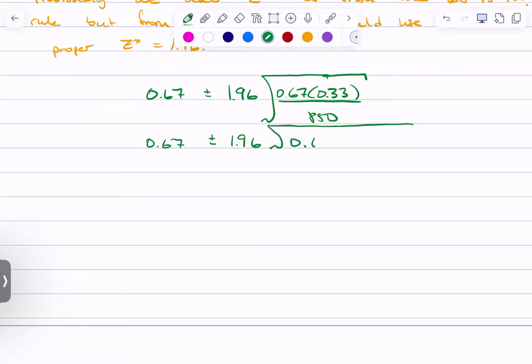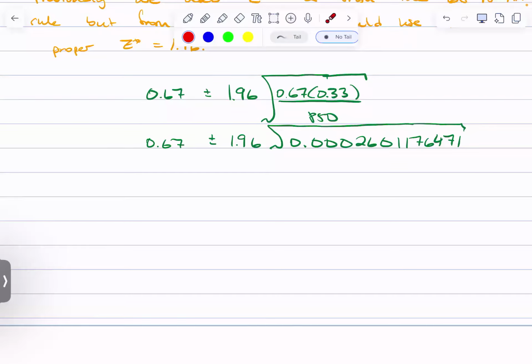So you should get 0.00026601176471. I can't resist writing it all down, it's a compulsion. Now, as long as you remember to take the square root, right?